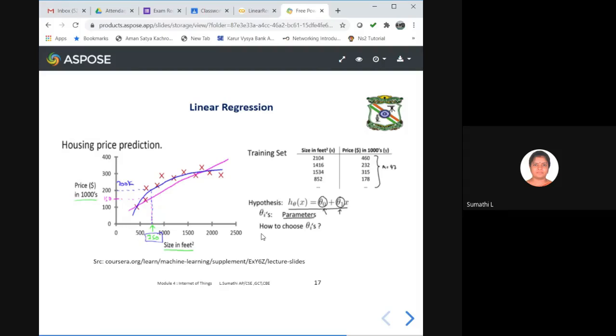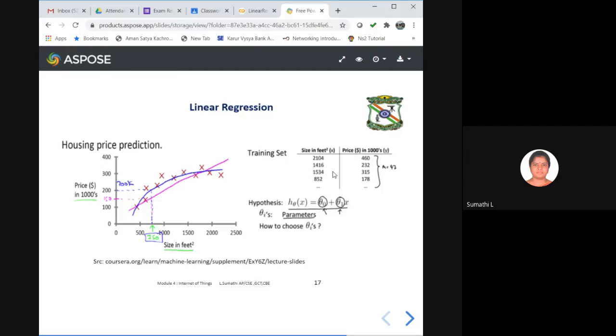So this is square feet and I have given a set of previous data, right? In the previous data it is given that if the square feet is something around 2104, then my price is 460, right? And if it is some 1416, then it is 232, right?